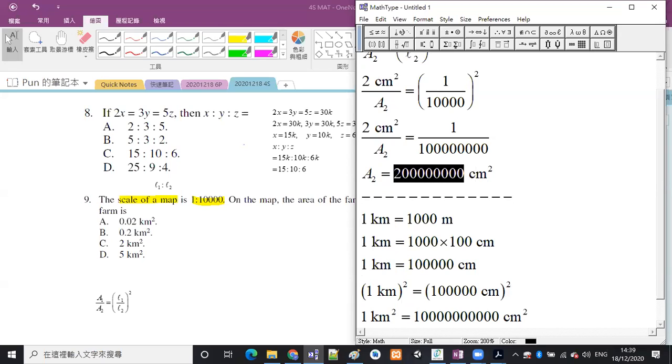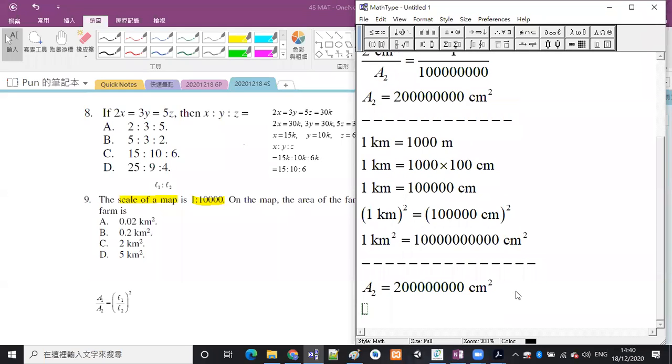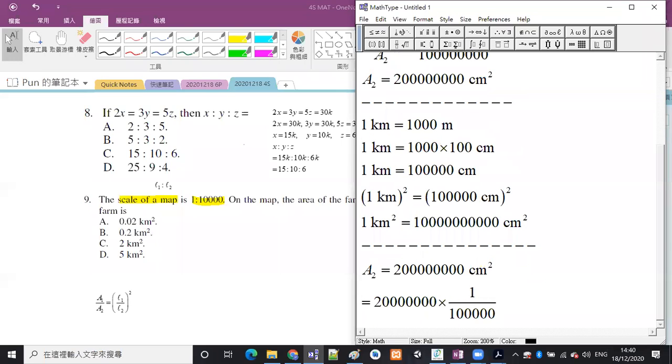How can I change it to km square? Like this. A2 is this one, and this, sorry, this should be equal to times 1 over this.